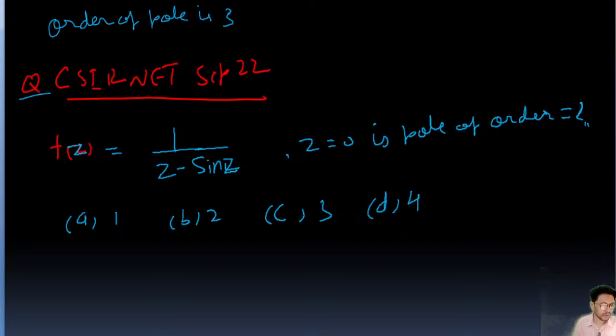So how are we going to solve it? Simple way. We know the method: limit z tends to 0 of 1 upon (z minus sin z).